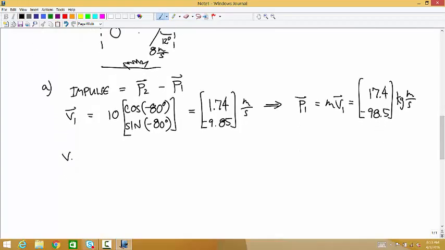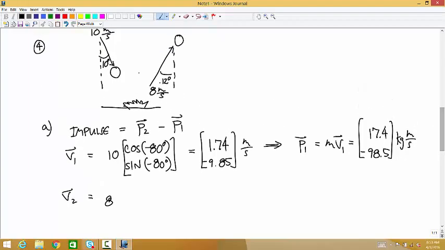And then at instant 2, we have the speed, 8 meters per second, times what's the angle representing this one? Right, 78. So cosine of positive 78 degrees, sine of 78 degrees.